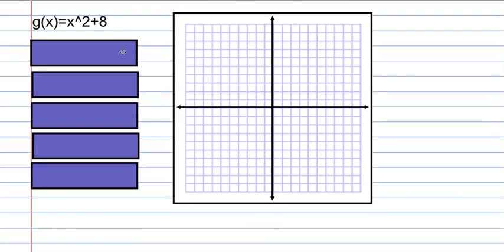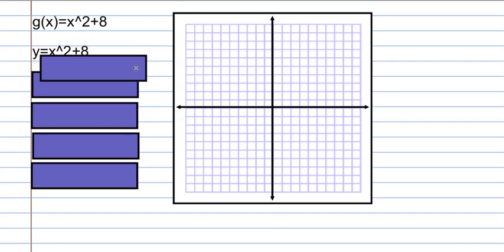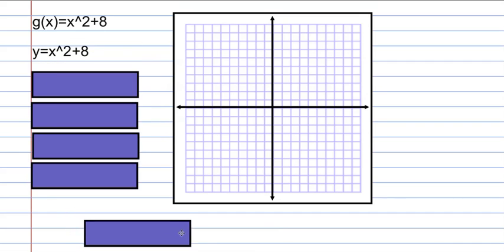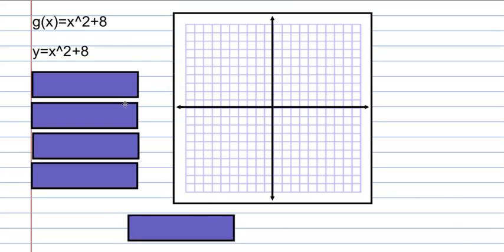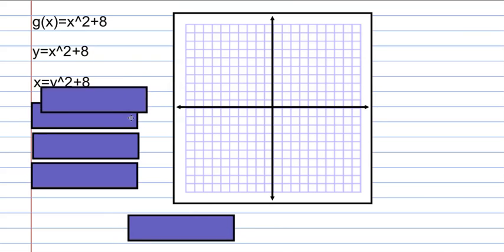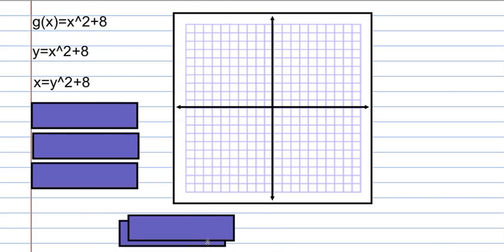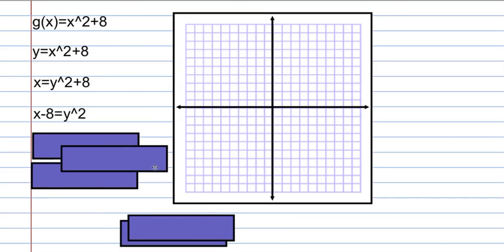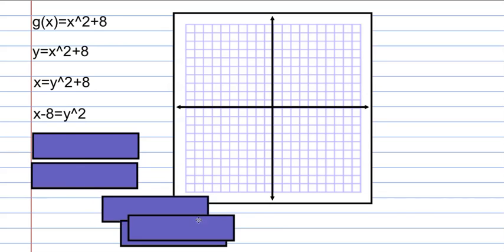Okay, here is an equation. It's g of x equals x squared plus 8. Okay, let's see. We rewrite with y equals and switch the variables and solve for y by first subtracting 8 on both sides.